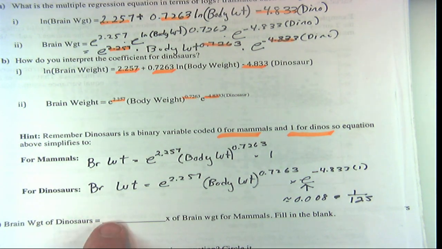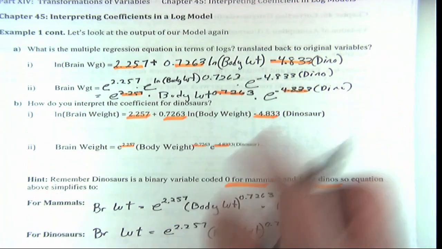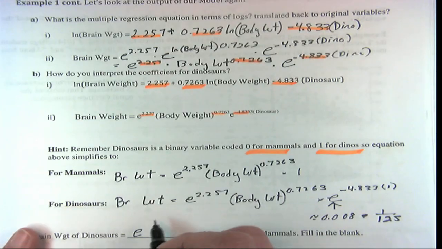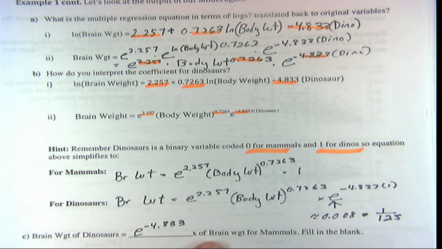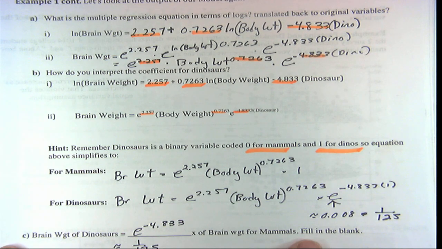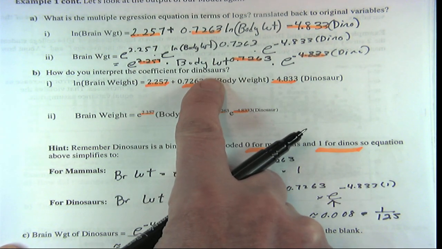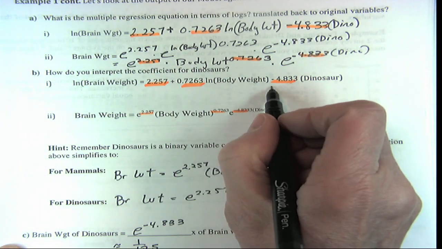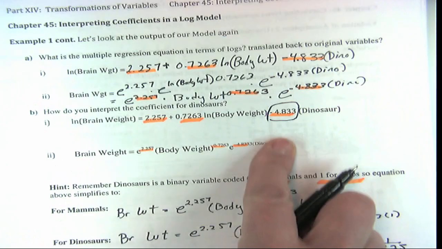Okay? So the brain weight of dinosaurs, this is the factor, e to the slope for dinosaurs, e to the negative 4.833, which is approximately equal to 1 over 125. How do you interpret the coefficient for dinosaurs? When you just look at that, how do you interpret that? It's negative. Why?